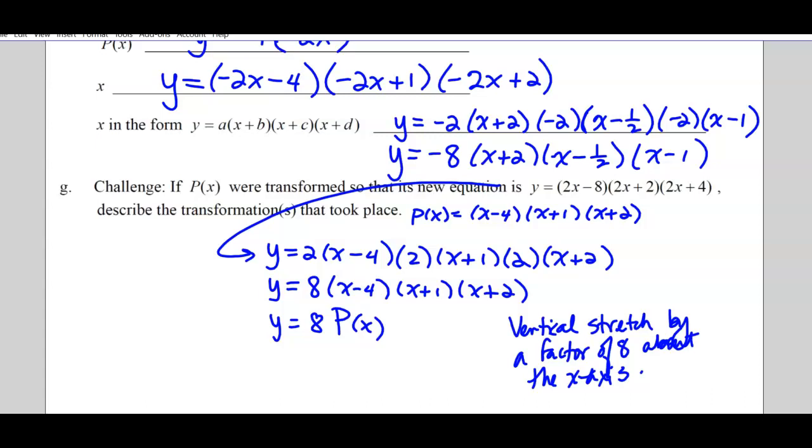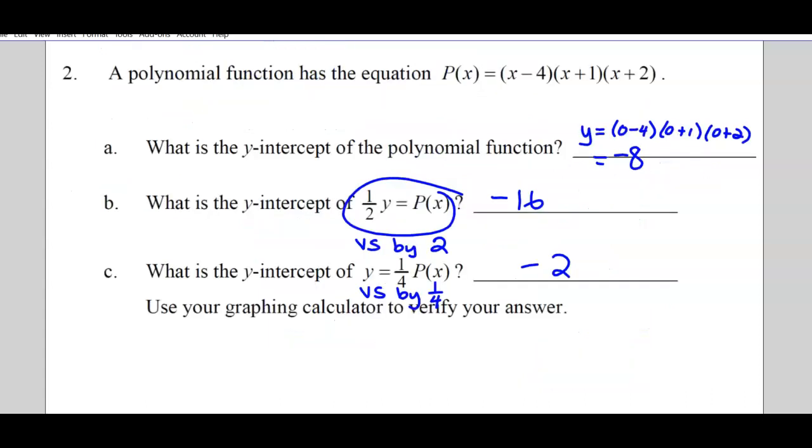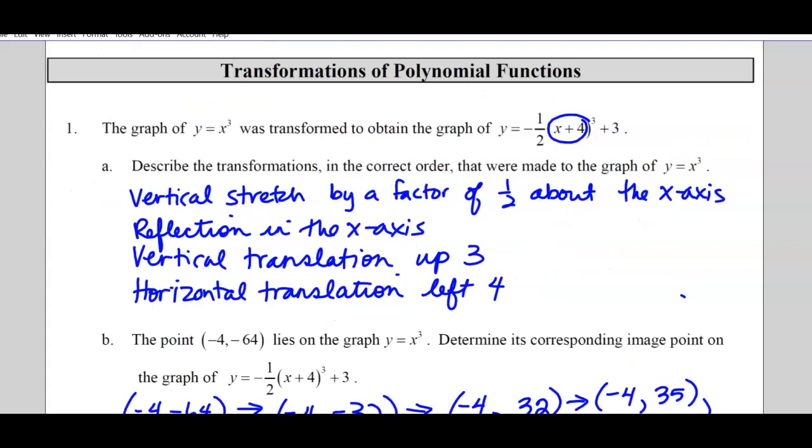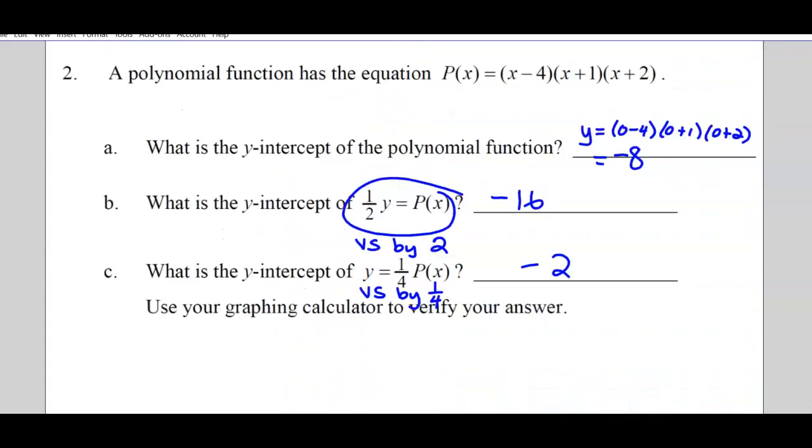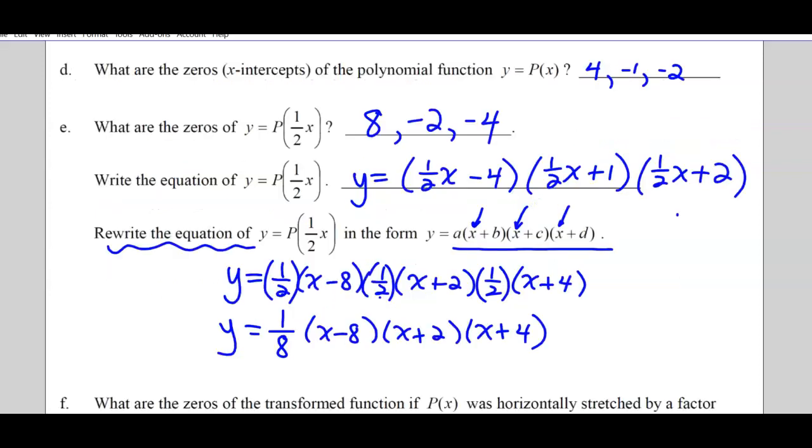The original y-intercept was negative 8, and your new y-intercept is negative 64. So obviously it had to have been stretched by a factor of 8, and that's what we thought it was.